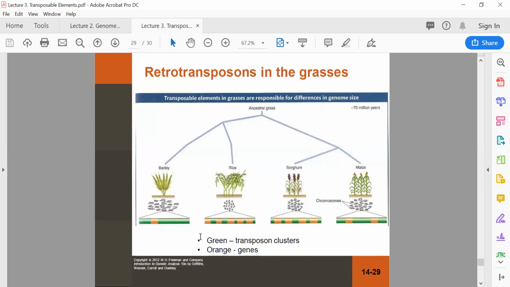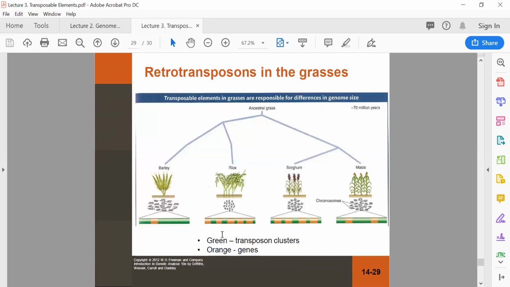In green, we have transposon clusters, and we can see that there's an enormous number in barley. And also in maize, lots of transposon clusters compared to sorghum and rice. The green areas represent the transposon clusters, the orange areas represent genes.